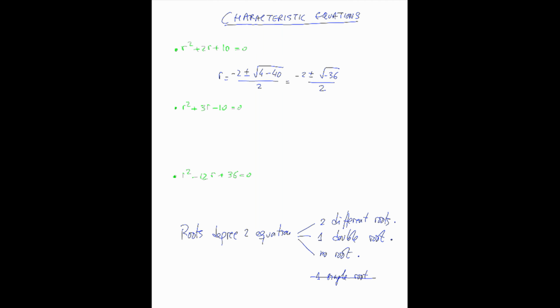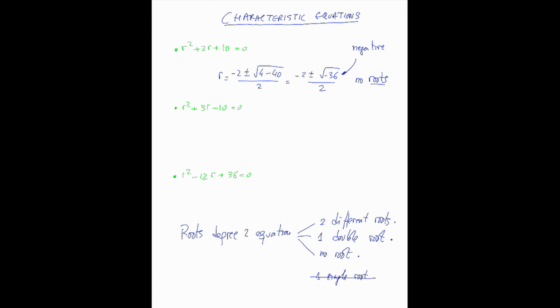As we're working with numbers where negative numbers don't have a square root, this has no roots, because this number here is negative and we don't have a square root of negative numbers.